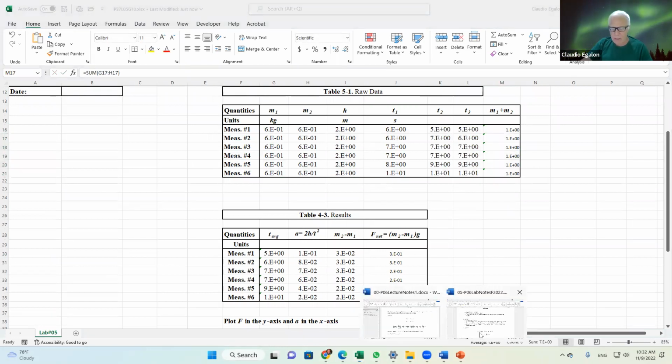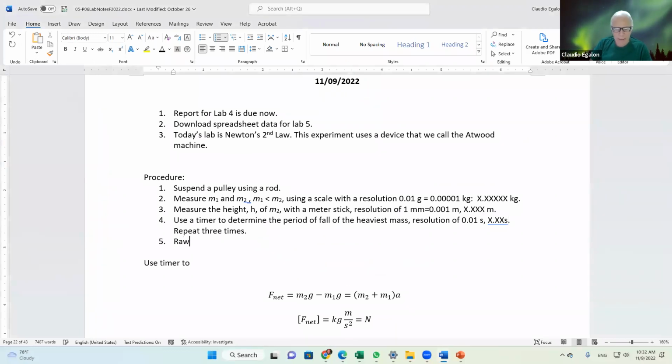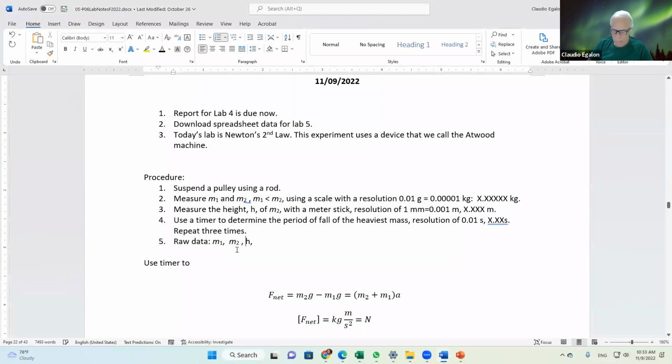Here you go. Lab notes. So raw data: M1, M2, H, right? Let me copy M1, M2, H. Let's put that in italics.